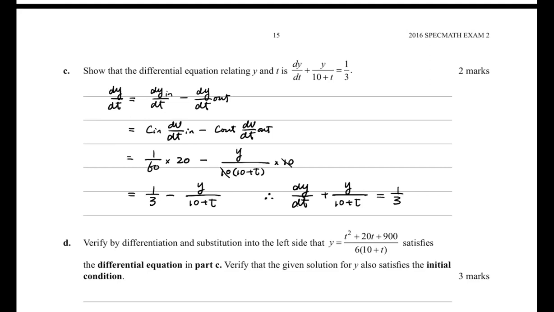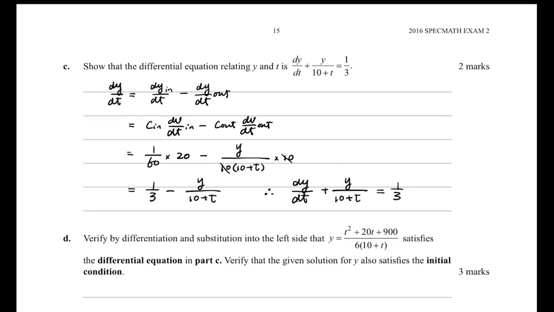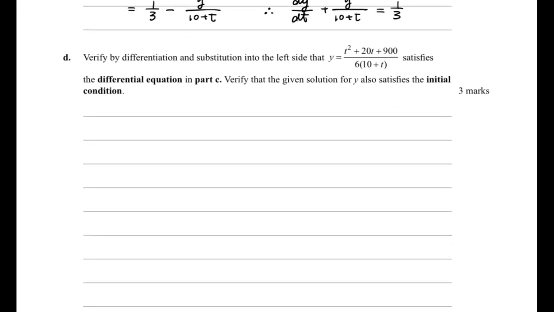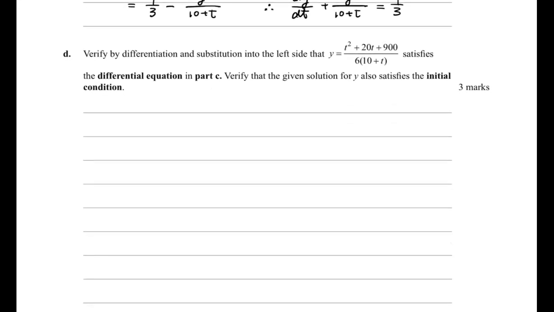Make sure you demonstrate all necessary formulation and substitutions, okay? That's it. Then I want to verify by differentiation and substitution into the left side that this function here satisfies the differential equation in part C, and verify that a given solution for y also satisfies the initial condition.